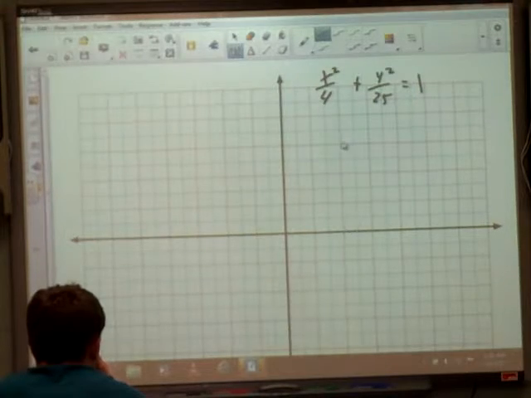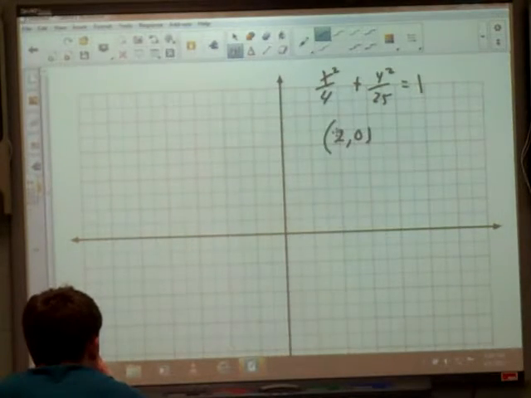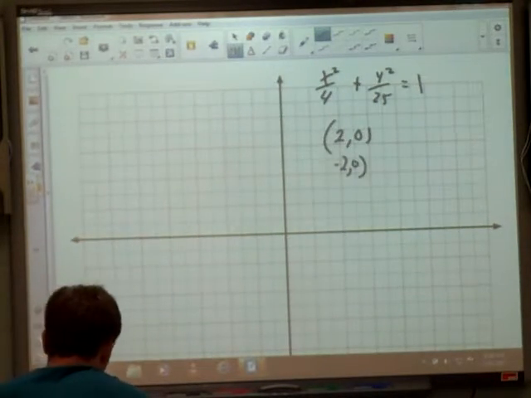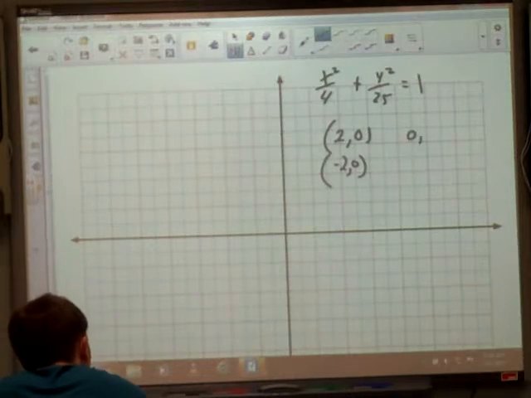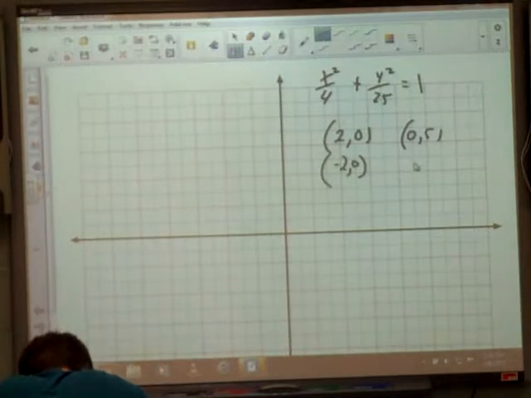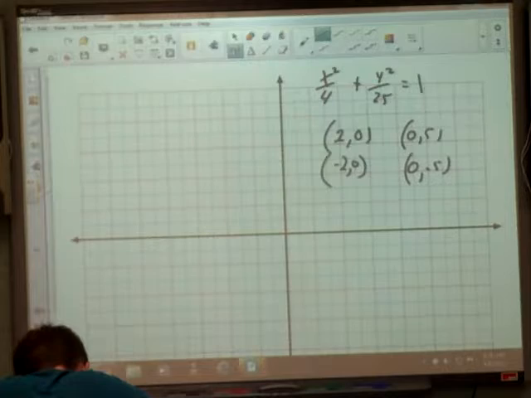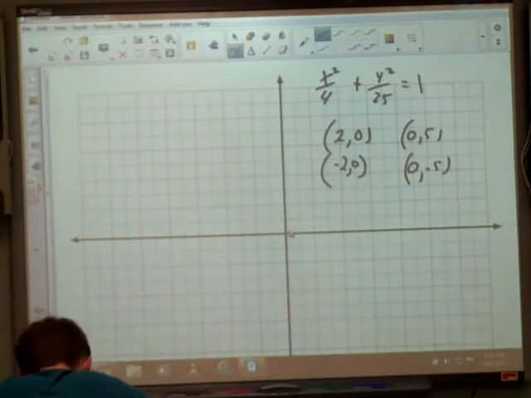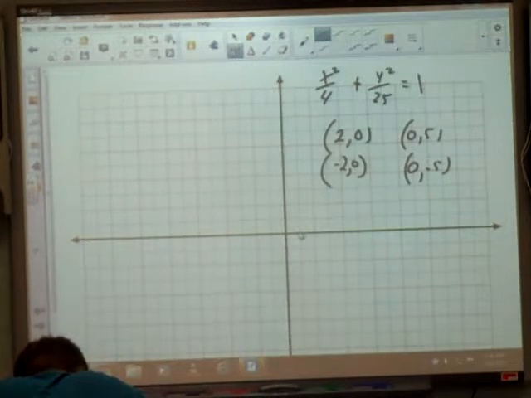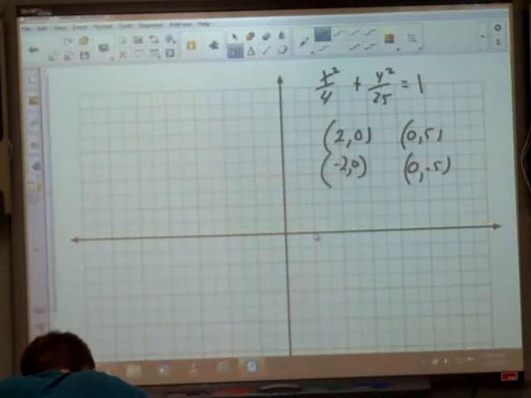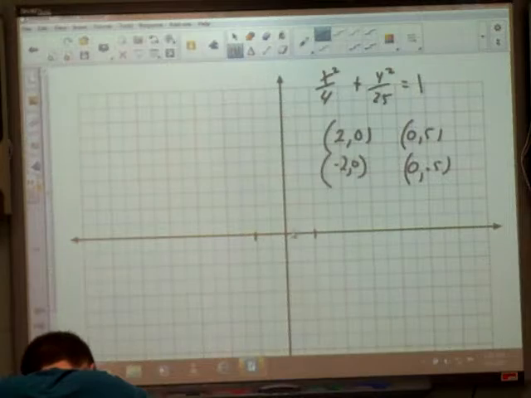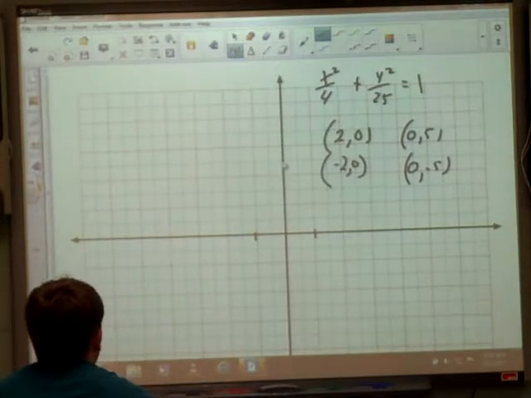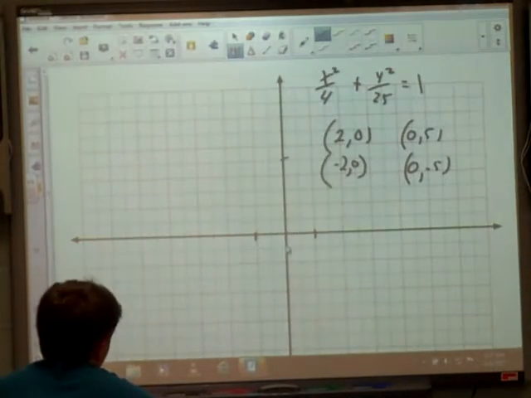So I'm going to have x-intercepts at (2, 0) and (negative 2, 0). My b squared is 25, so my b is 5. So I'm going to have y-intercepts at (0, 5) and (0, negative 5). So we're going to put all those points on there.